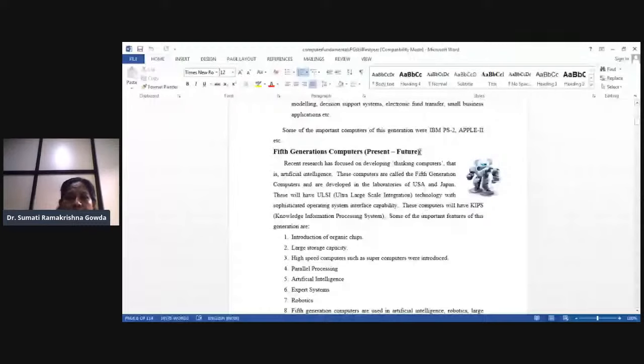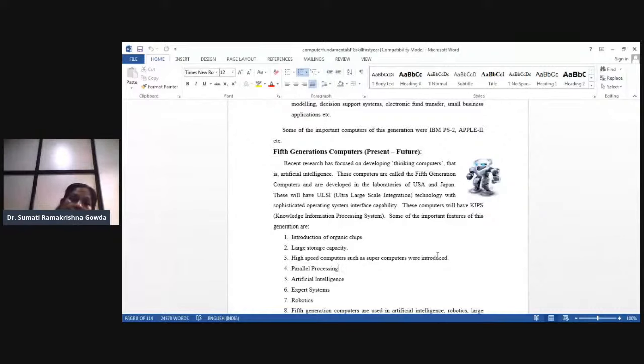So this is a robot. Recent research has focused on developing new computers. All these first to fourth generation computers, you have to think and design. In the future, with fifth generation computers, how they are designing is that these computers will think and take the decision. Here we used to think and take the decision in all these four generations.